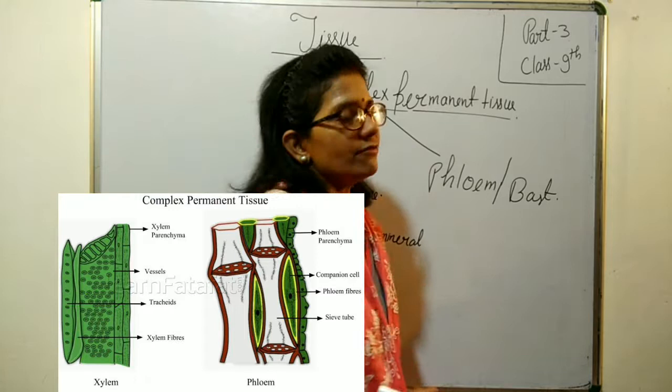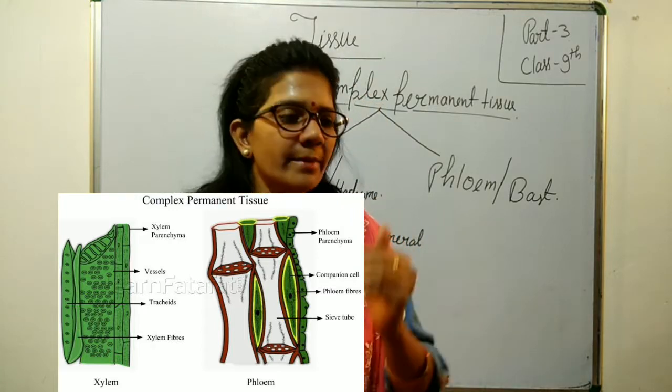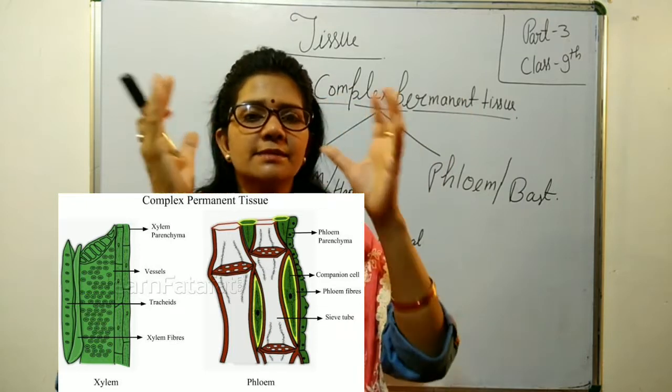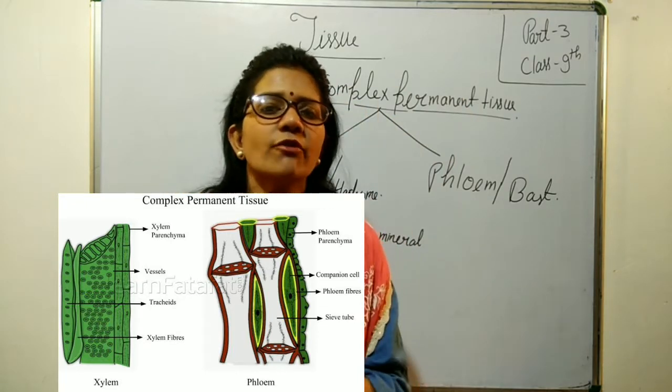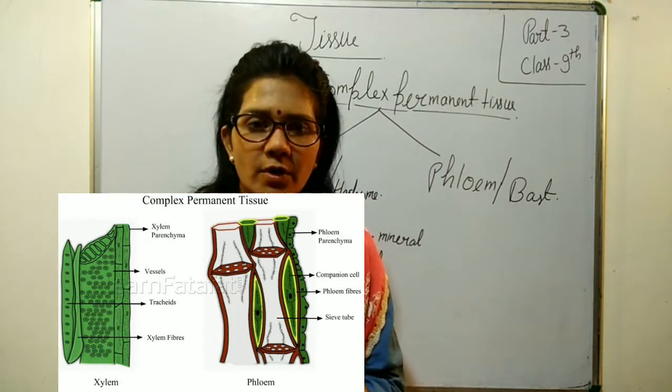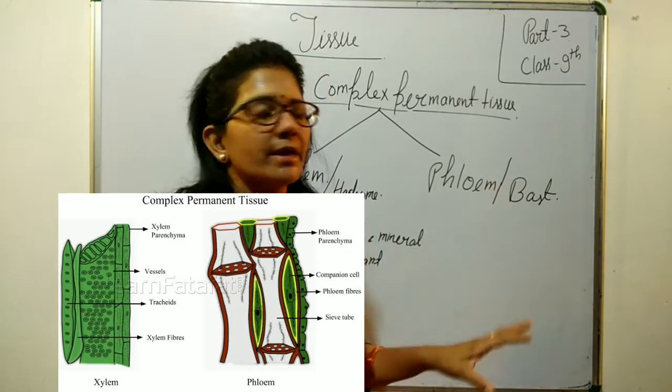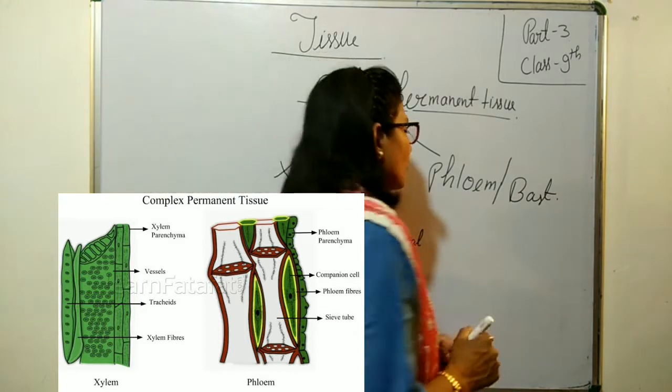At the same time, what does the phloem do? Phloem conducts the food that is made after photosynthesis. The food product is distributed to all over the plant with the help of the phloem.